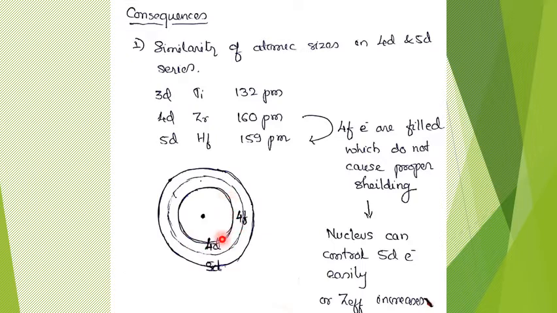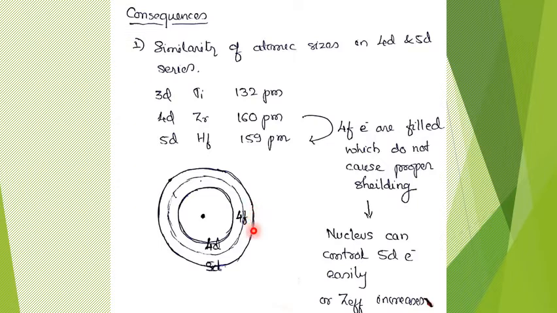When we are moving from the 4d to the 5d series, the 14 electrons in between occupy this 4f subshell. Now imagine if this 4f subshell had acted as a good screen to the nuclear charge over these 5d electrons. This itself is known as the screening effect.